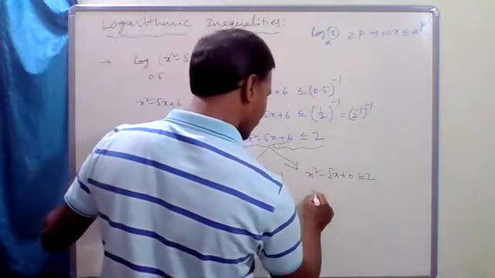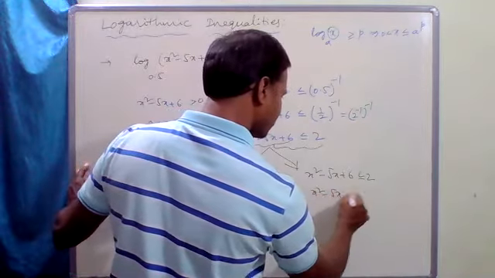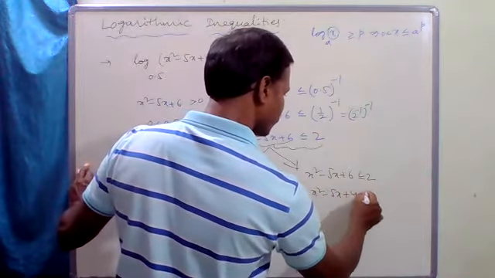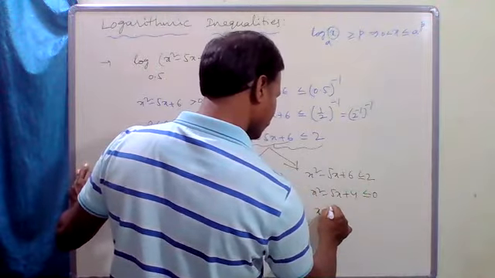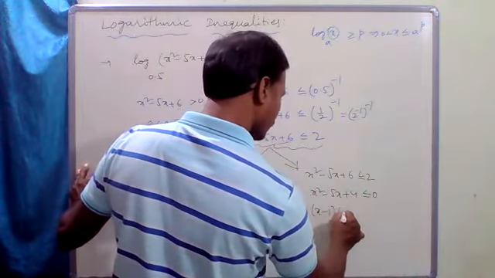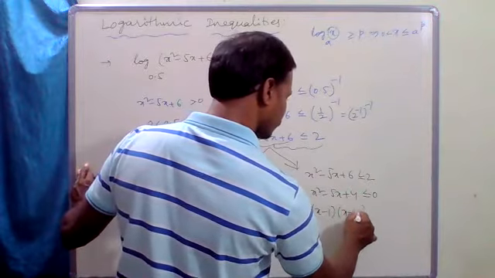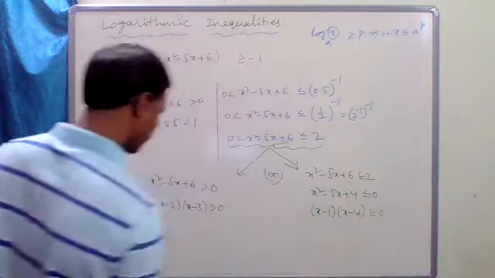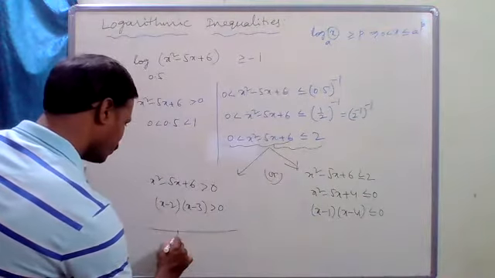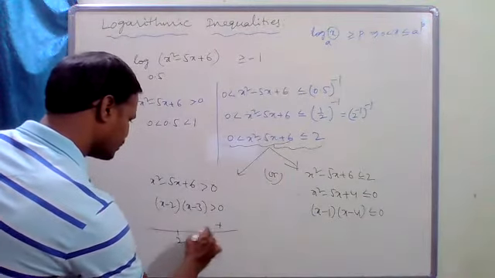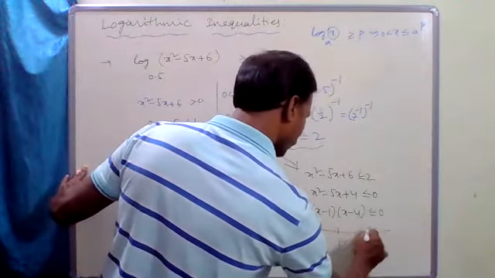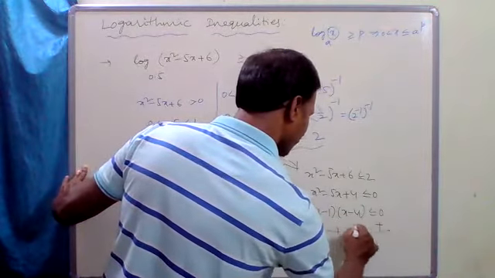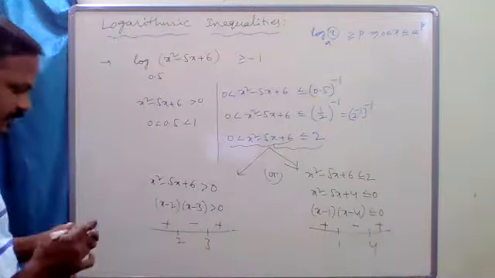So this one: x square minus 5x plus 4 is less than or equal to 0. This is x minus 1 into x minus 4 less than or equal to 0. So take the real line with 2, 3: plus, minus, plus. Here also take the real line with 1, 4: plus, minus, plus.